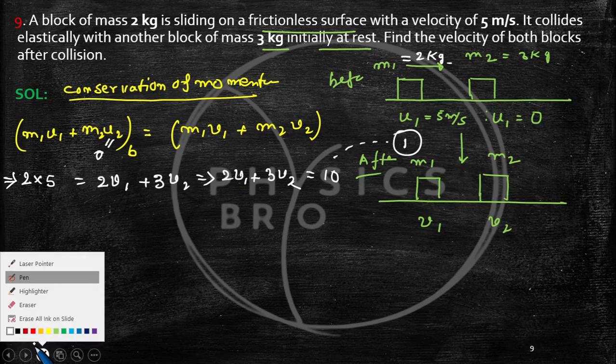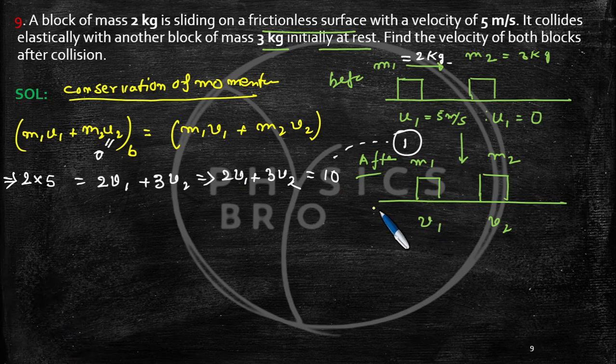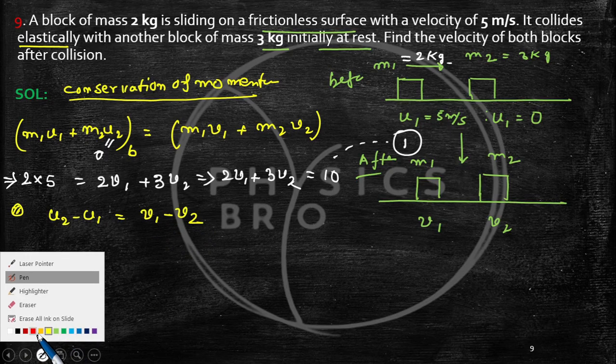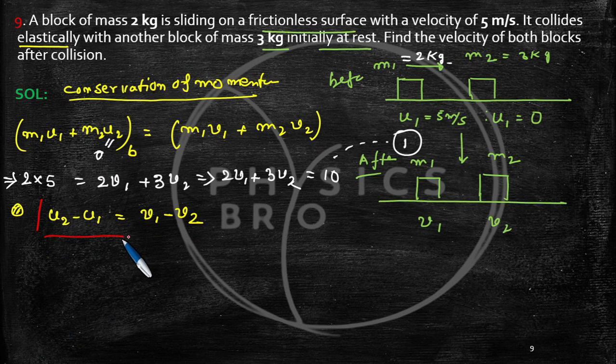We need another equation. You have to remember that when there is an elastic collision, there is a very important relation: e equals 1, that is, u1 minus u2 equals minus (v1 minus v2).